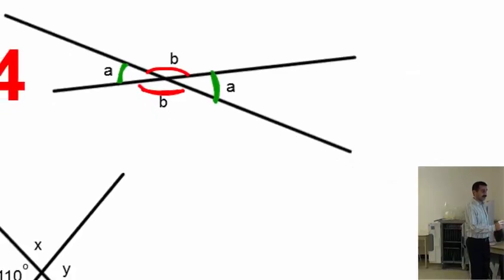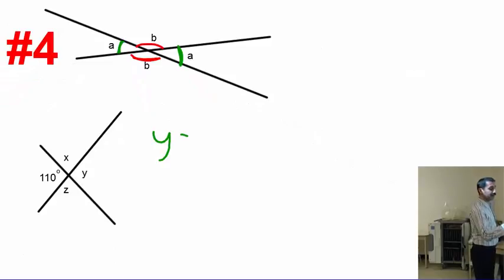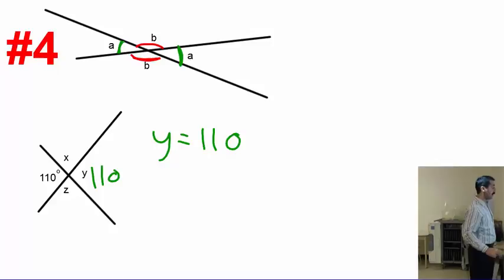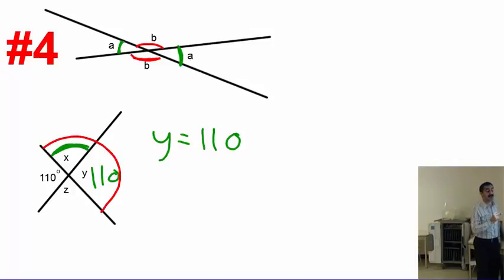Simple. What is y? Y is across the cross line here, so I know that y is also 110. How about x? Now pay attention. When you look for x, from rule number 3, which we just previously talked about, that's going to be 180 degrees.